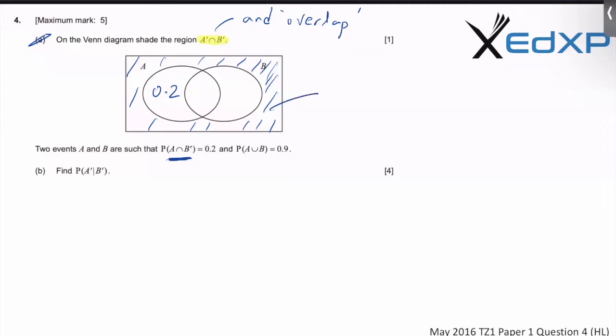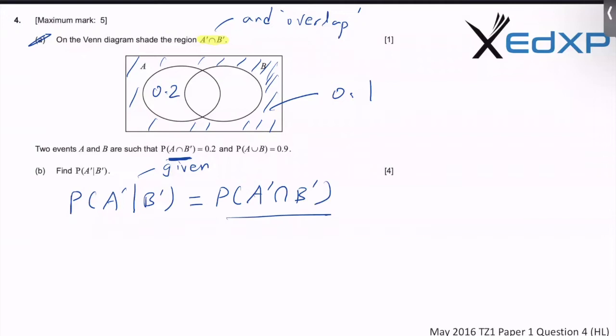that the outside is 0.1. It must be, because total probability adds up to 1. We want to find the probability of A prime given B prime. So this is conditional probability. We can use the formula in our formula sheet, so that will be the probability of A prime intersect B prime over the probability of B prime.